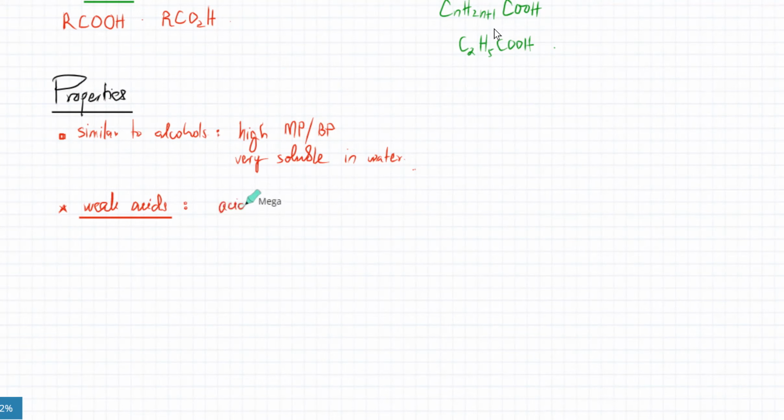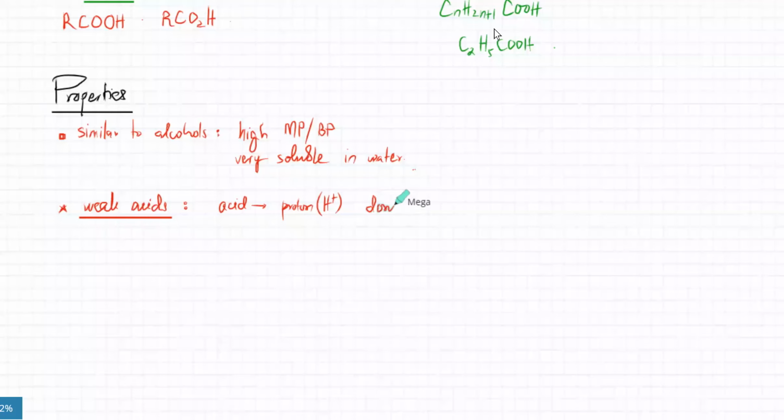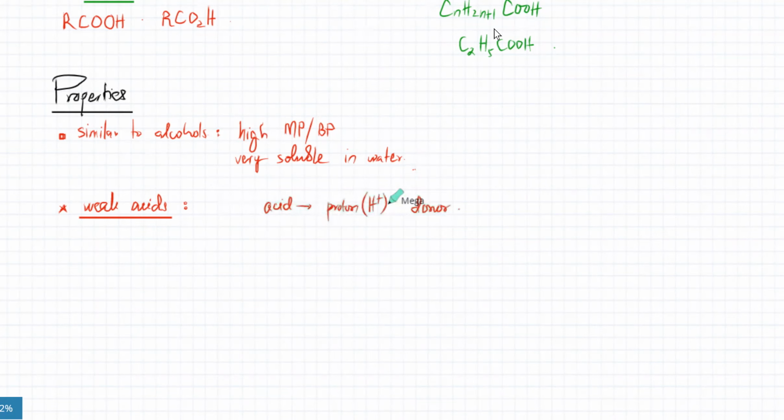The definition of an acid is that it's a proton donor. And a proton is basically an H+1 ion. That's known as a proton. So an acid is a proton donor. Any acid is basically a proton donor.